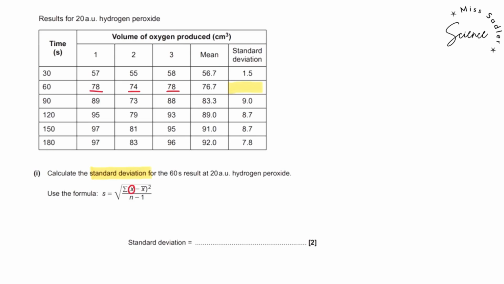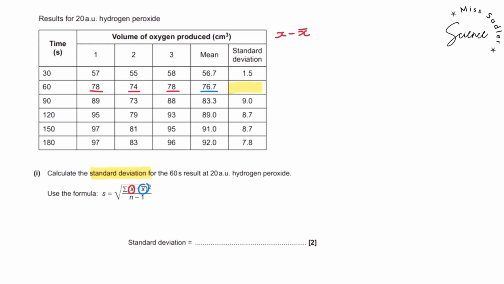Each value is going to be used in x minus x bar, so that's this next one here, x bar there, and that is referring to the mean value of 76.7. So to work this out, I'm going to do it almost like a table form. I'm going to work out x minus x bar first.